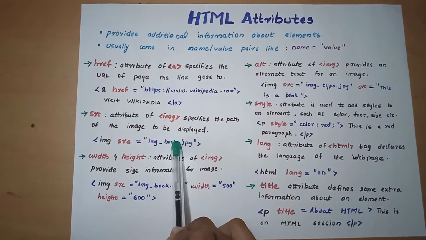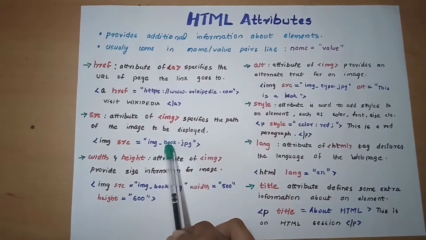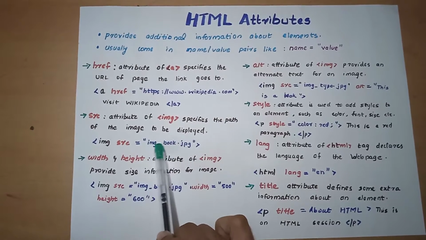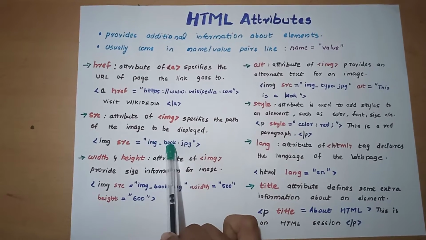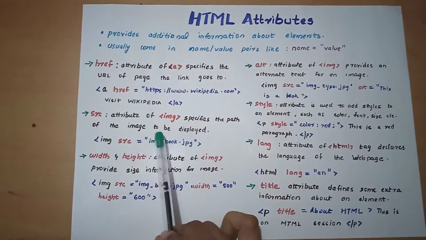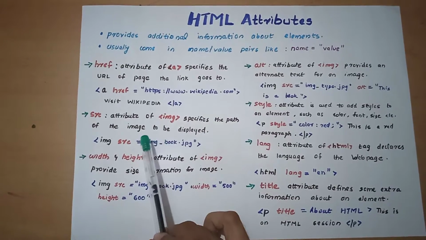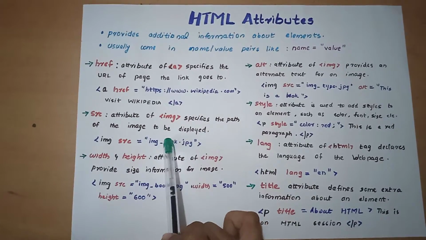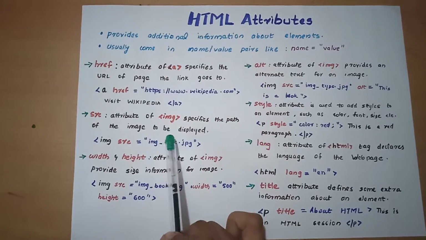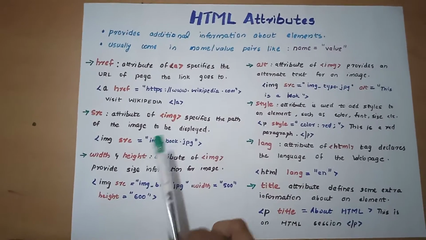Image book. So I'm going to add a book image into my web page. Sometimes this may not work, so what we want to consider is writing the whole path of the image where it is saved on our PC. Okay, that's only to note here.